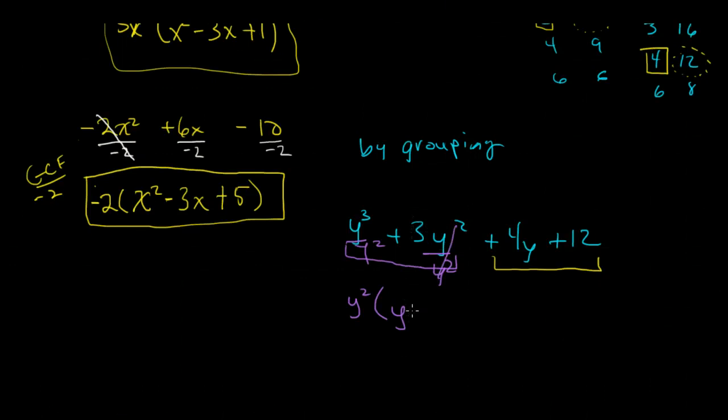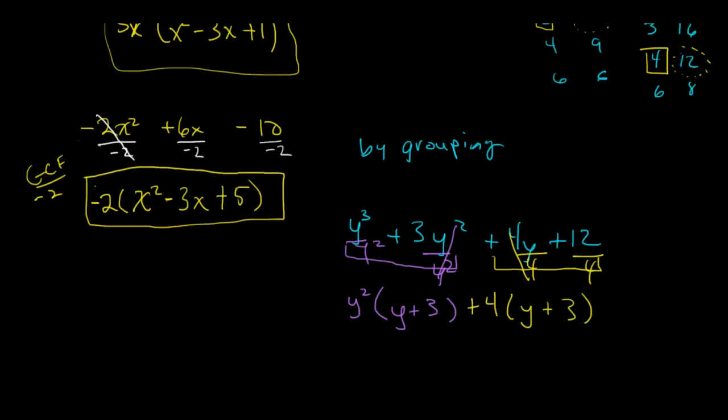Those divide to 1, so it's y plus 3 there. Okay. Now a positive 4y and a positive 12 both have a positive 4 in common. And so when I divide that by 4 and I divide that by 4, those cancel to 1, y. Positive 4 divided by 4 is a positive 3.